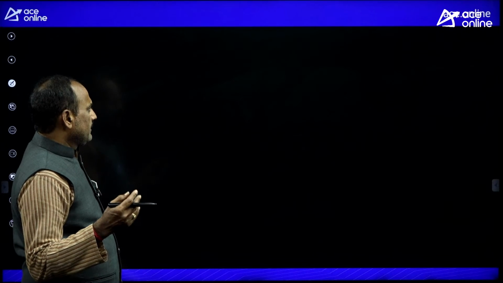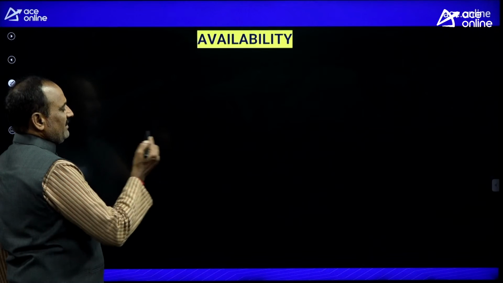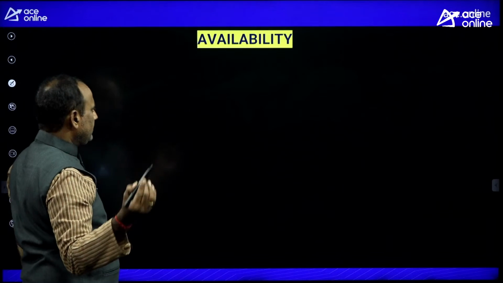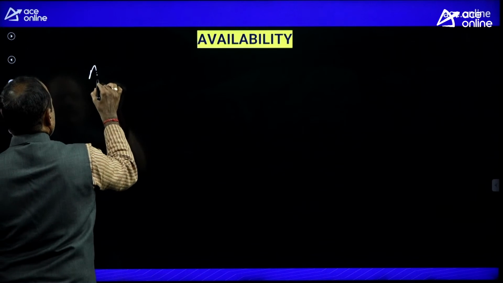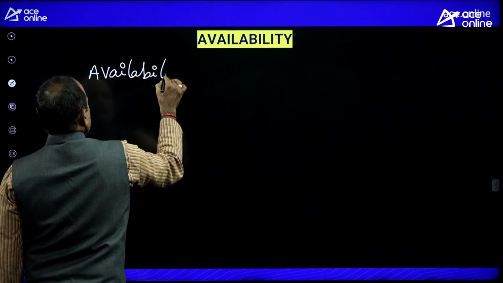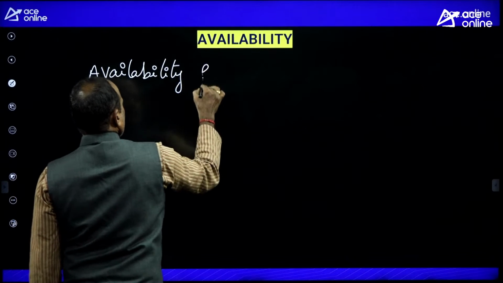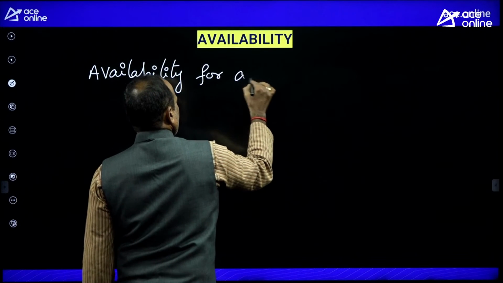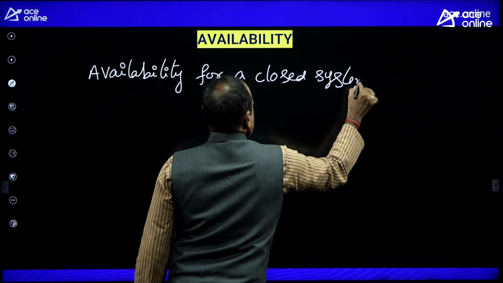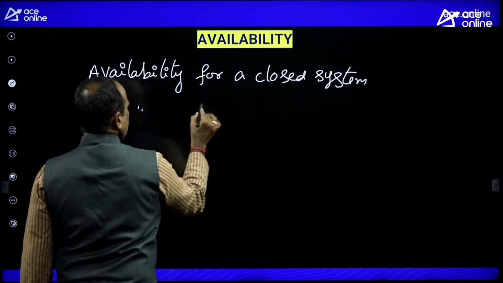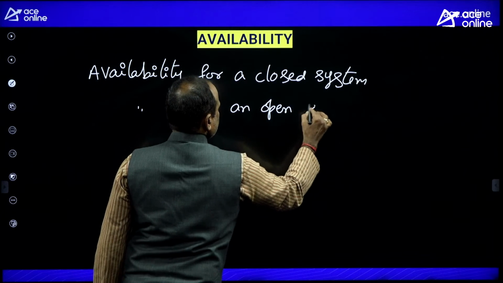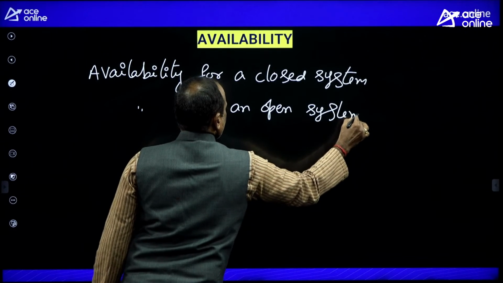Okay. Similarly, you take another unit called availability. You try to practice the theory and problems for availability for a closed system, and availability for an open system like a steady flow system.